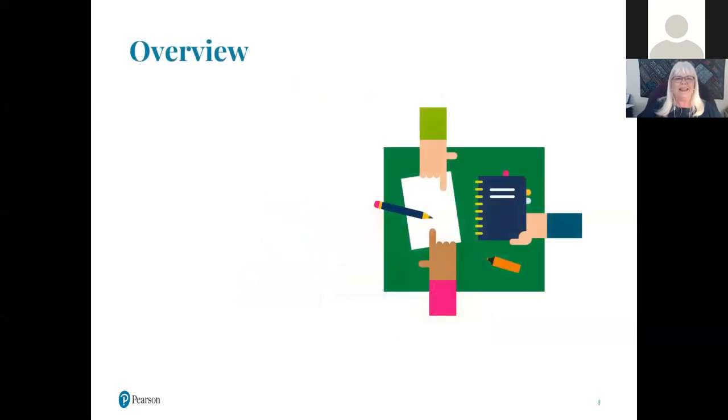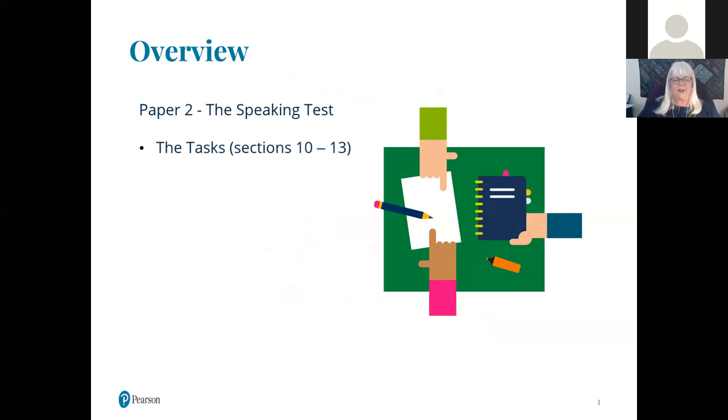Okay, so that's me. And just to give you an overview of what we're going to cover today, because this is part 1 of 2 presentations on the speaking test. So we're going to cover the tasks. There are 4 tasks, as you know, from sections 10 to 13. We're going to cover the qualitative aspects, 5 of them.